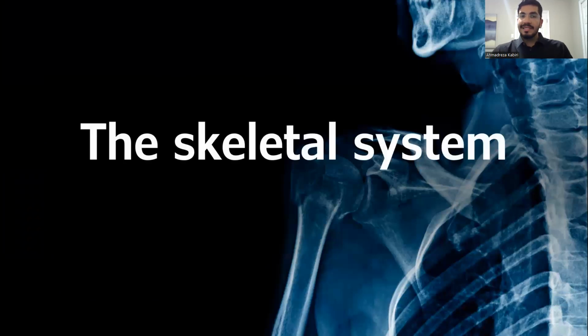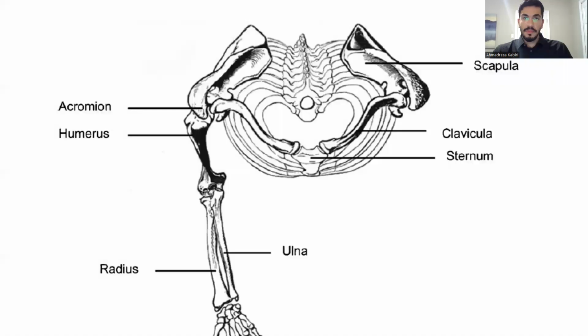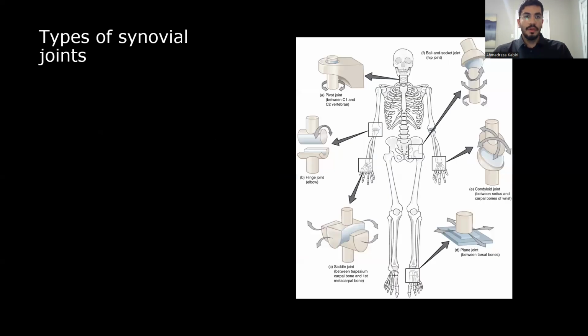Next is the skeletal system. Since we are looking at the shoulder kinematics, I will only introduce the bones of the upper extremity, which are scapula, humerus, clavicle, ulna, and radius. It is also worth mentioning the different types of synovial joints.